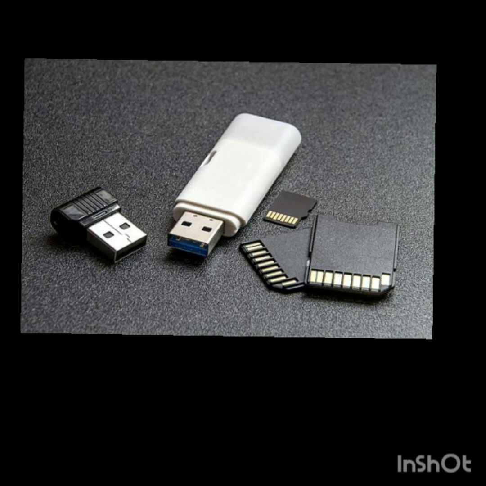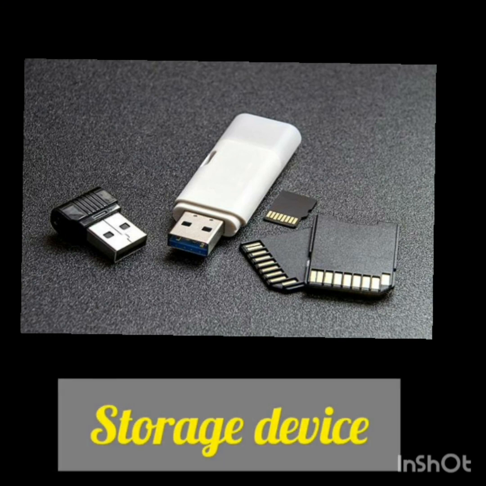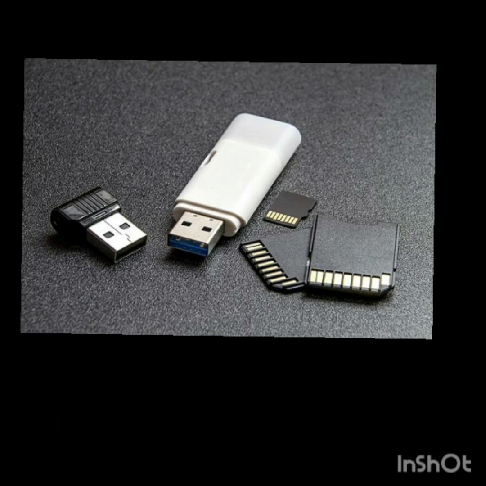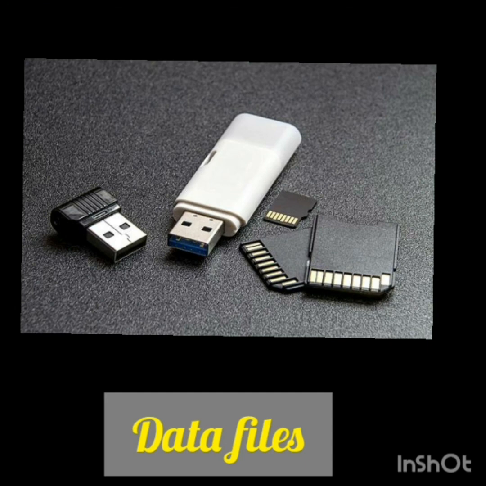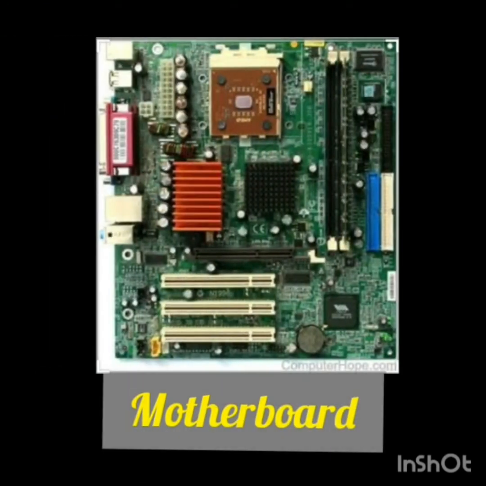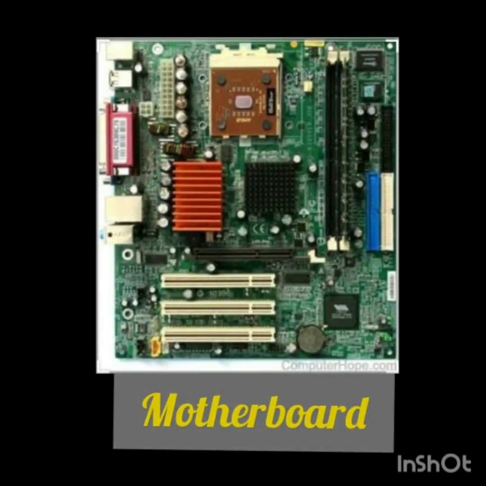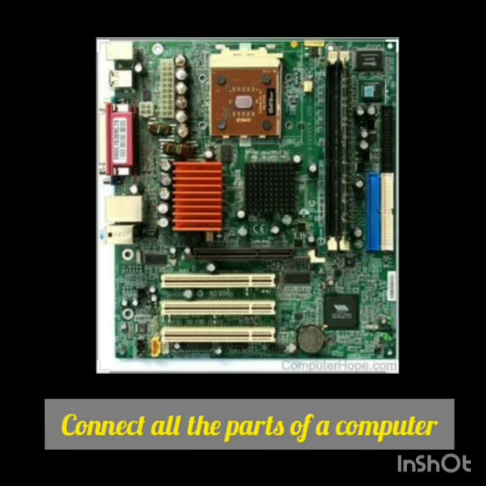A memory card is a type of storage device that is used for storing media and data files. Third, motherboard. A motherboard is a single platform to connect all of the parts of a computer together.